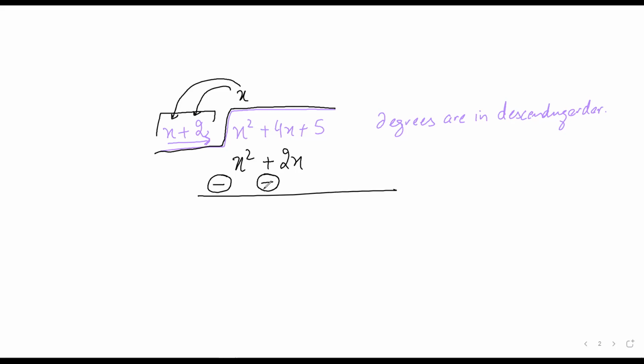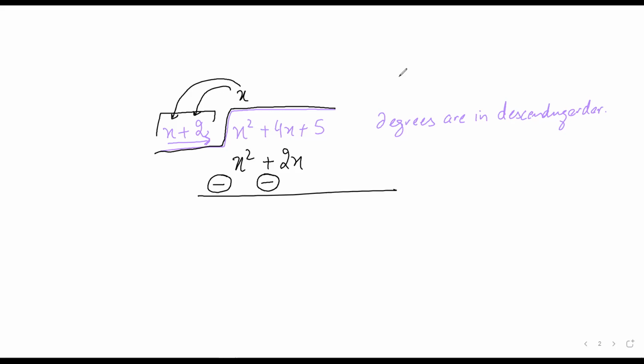Any doubt? No, sir. If you don't use the circle, you will forget to change the sign. So that is why I insist, whenever I am teaching the subtraction of polynomials or this method, that you need to circle the changed sign. Any doubt till here?